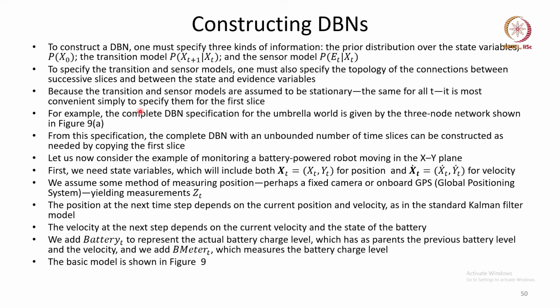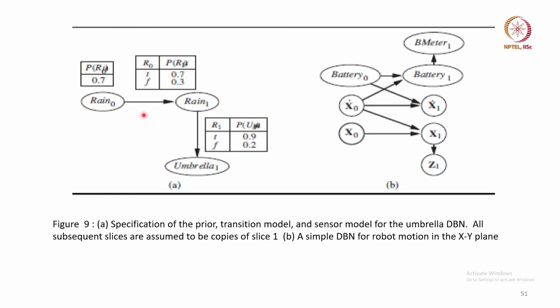Here, what has been given is the connection. You have the prior P of R0, and then you have R1, at time step 1, with this conditional probability table, and Umbrella 1.